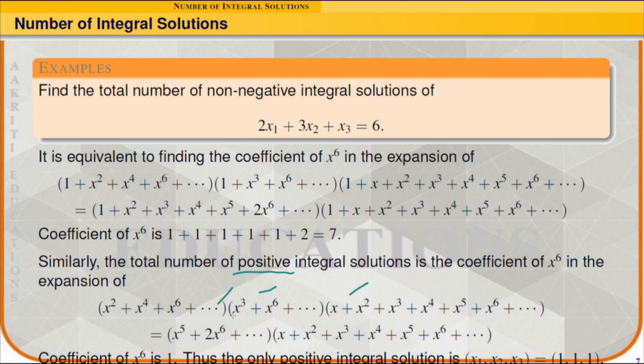If we multiply the first two, it will come out as this one, and the third is kept the same. So the coefficient of x raised to the power 6 is obtained by x raised to the power 5 times x, so it is the same as 1, and the only positive integral solution is 1, 1, 1.